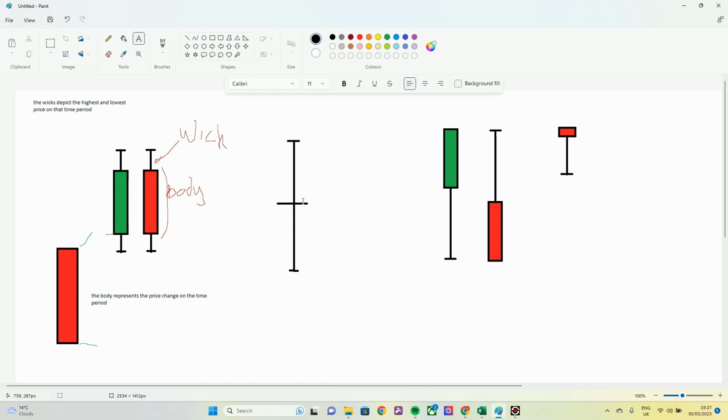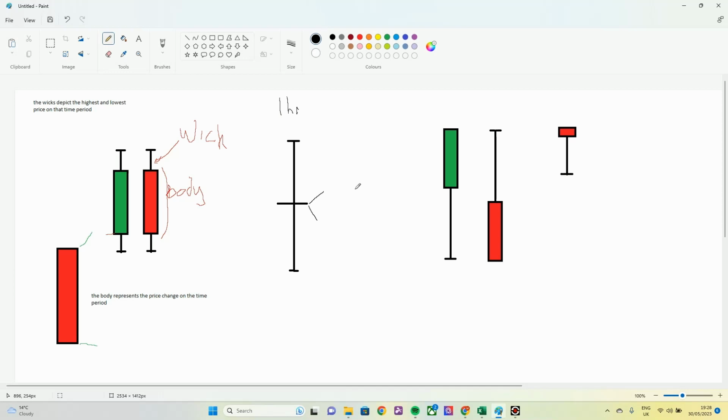Now what this is actually telling us is that throughout this time period, let's say this is 1 hour, the price has started here and it's gone up, it's gone down, or it's gone down and up, blah blah blah, but it's finished on the same point. And so there's next to no body, or there isn't a body, but there's quite high wicks.